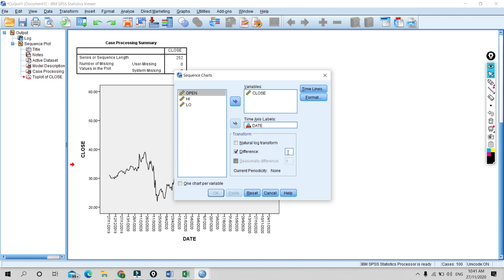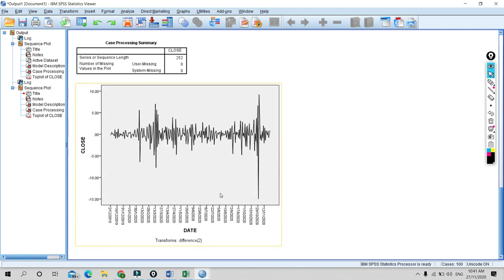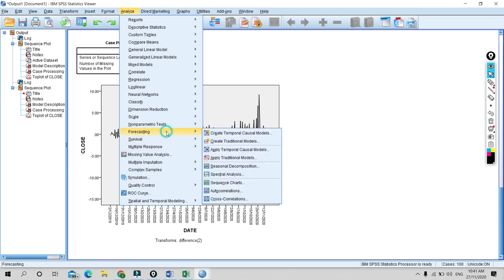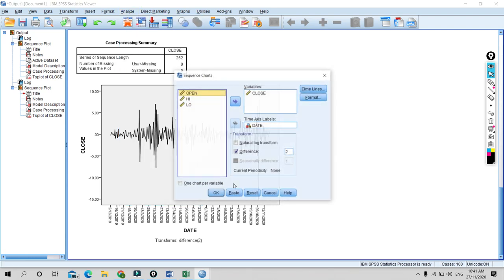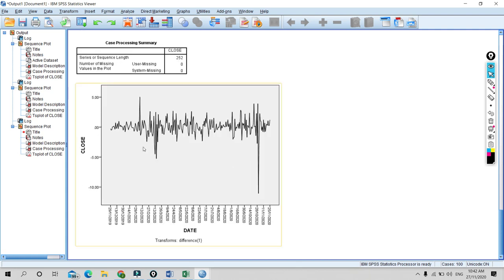So I want to find the ACF and PACF graphs. To plot the ACF and PACF graphs, you go to Analyze, then Forecasting, then Autocorrelations. Then you pick the price, let's say the closing price.